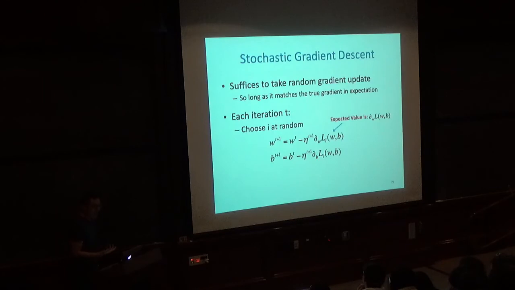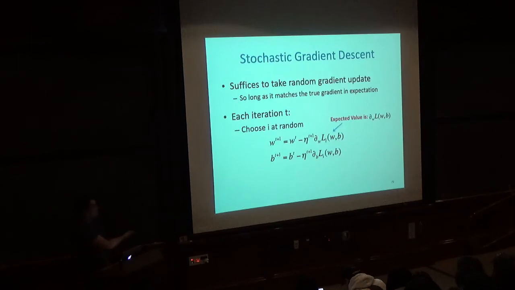So there are many motivations for stochastic gradient descent. It's a very fundamental algorithm. You can analyze and improve it and derive it from multiple motivations. I just gave you one motivation. Here's the motive. The reason why people do stochastic gradient descent is that it suffices to take a random gradient update, as long as it matches the true gradient in expectation. So at every iteration t, if our loss function decomposes additively, we treat it as this expectation.